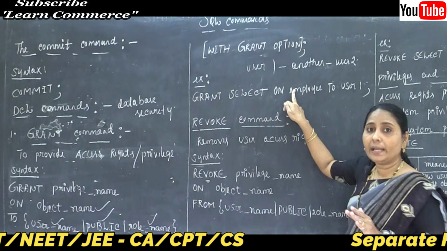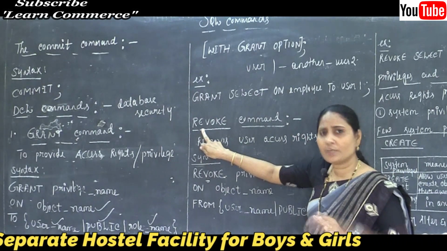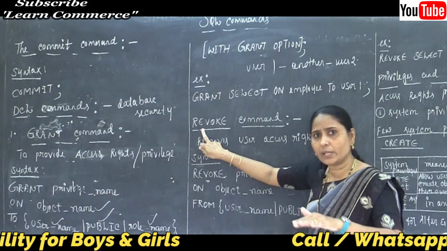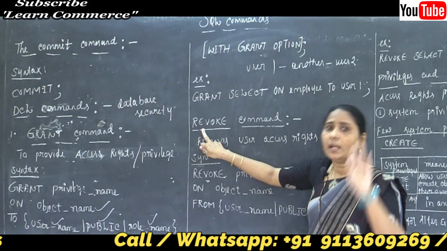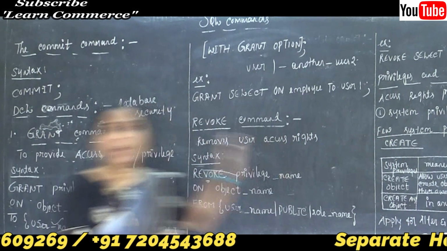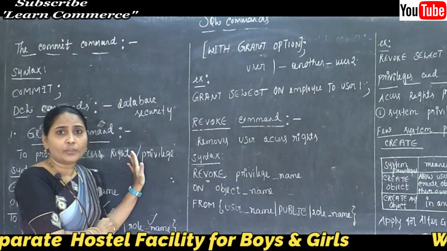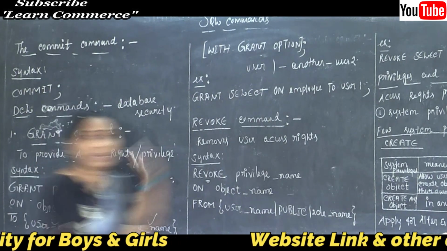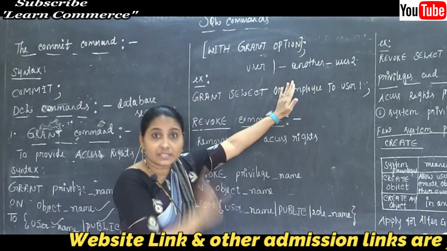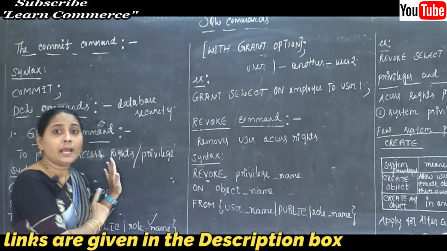And when you use the revoke command, we remove the select permission on the employee table from user 1, but user 2 still has the select permission on the employee table.